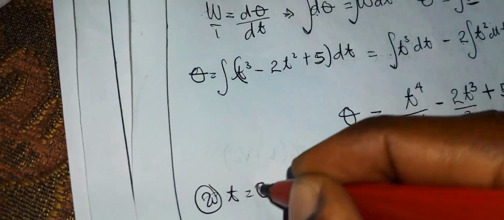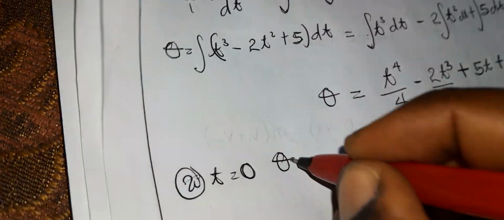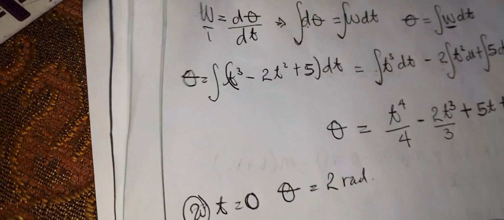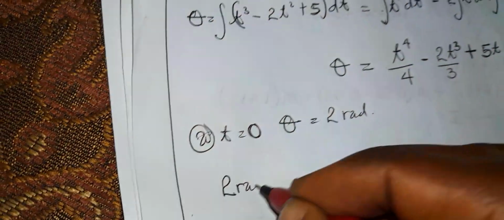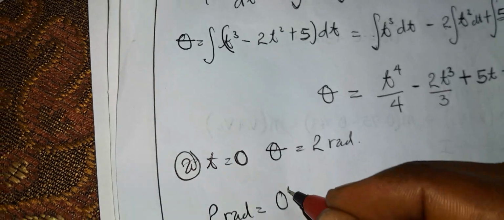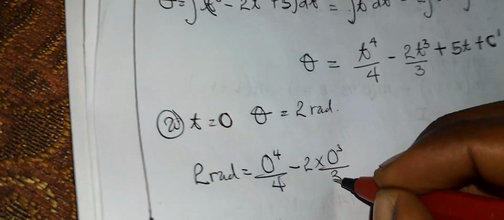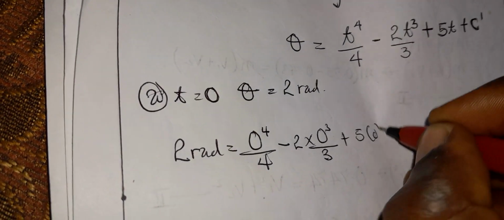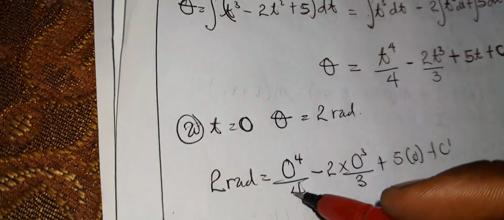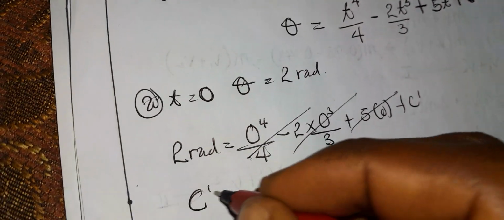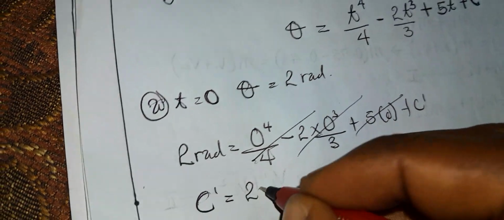So at t equals 0, angular position equals 2 rad. I'll put in the value: 2 rad equals 0 to the power of 4 over 4 minus 2 times 0 to the power of 3 over 3 plus 5 times 0 plus c prime. Everything here is gone. So c prime equals 2 rad.